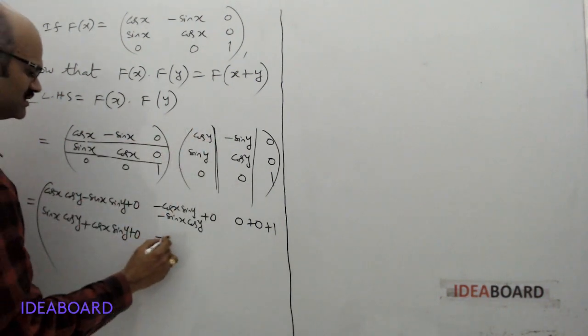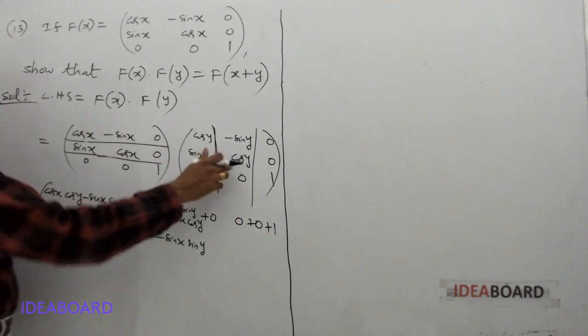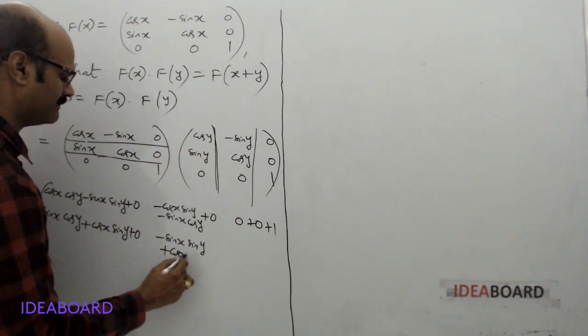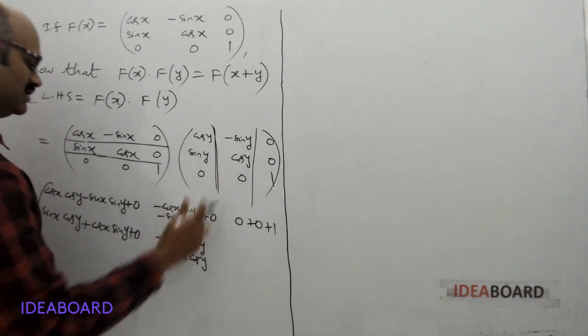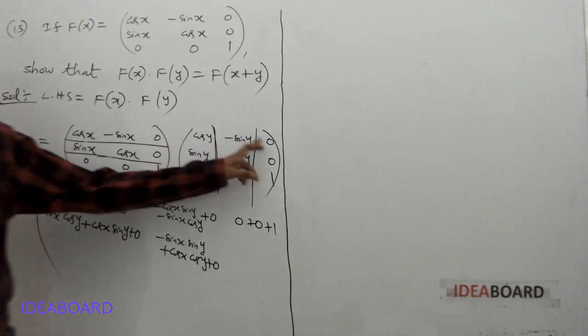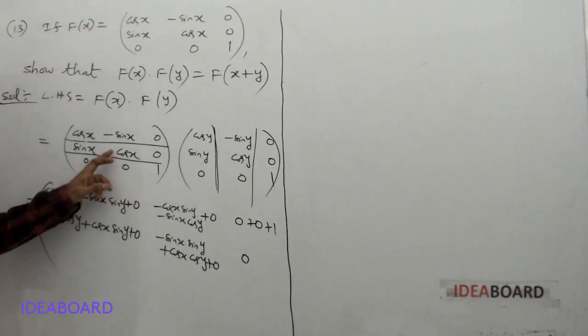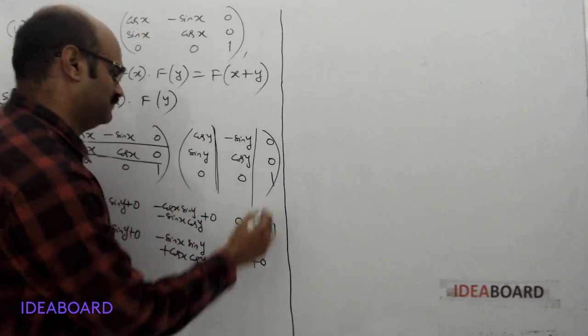Minus sin x into sin y plus cos x into cos y plus 0 into 0, 0. Next, sin x into 0, 0. Cos x into 0, 0, plus 0.